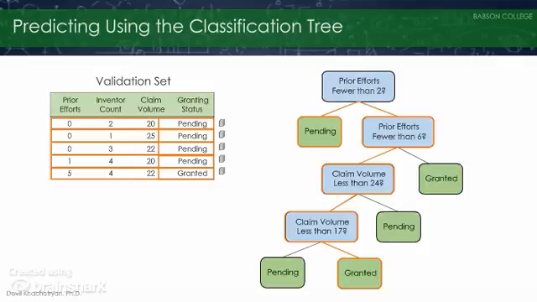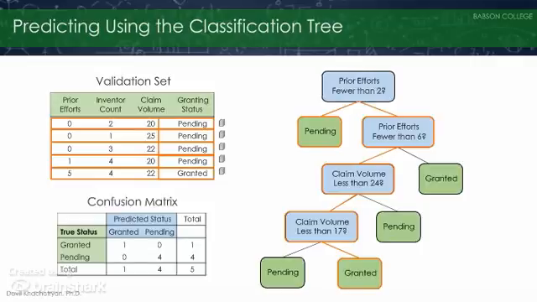How to summarize our predictive performance? One way to do that is by using the so-called confusion matrix. As you can see, a confusion matrix is a table which summarizes the predictive accuracy, in this case the classification accuracy.